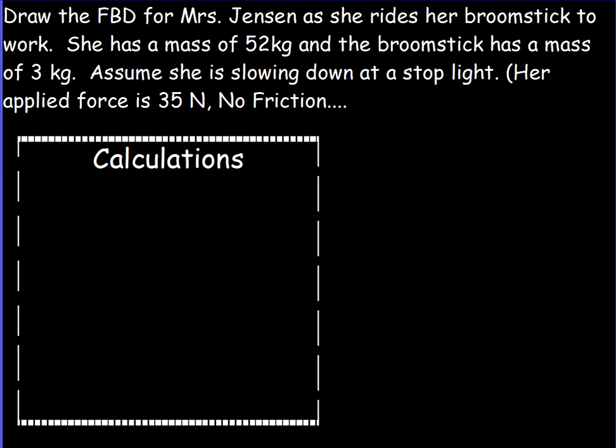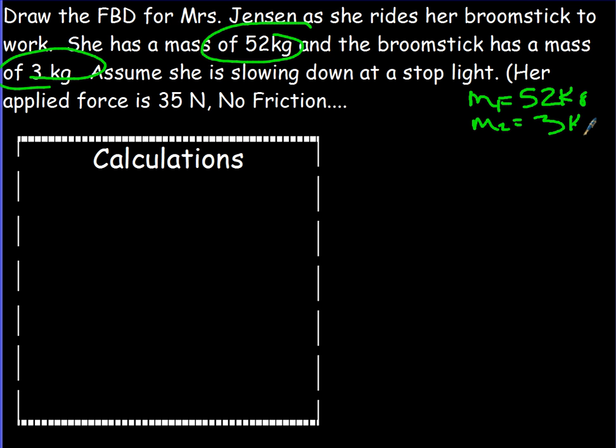Alright, okay, Miss Jensen's riding to work again. She's just having a day. And she has a mass of 52 kilograms. Let's go on and write out some givens. Okay, there's a mass. And the broomstick has a mass of 3 kilograms. So that's M1, M2. And she's slowing down to a stop with an applied force of 35 newtons.